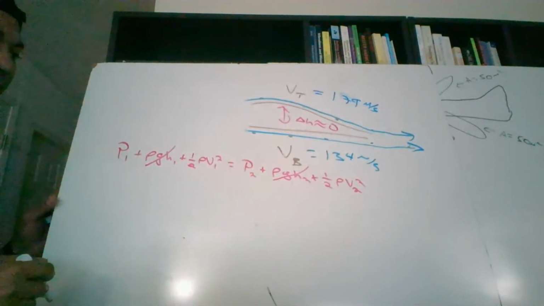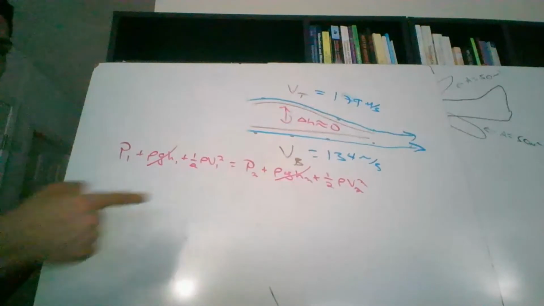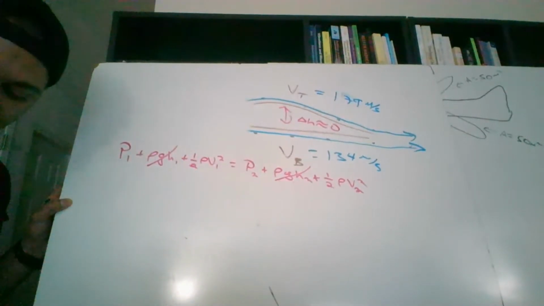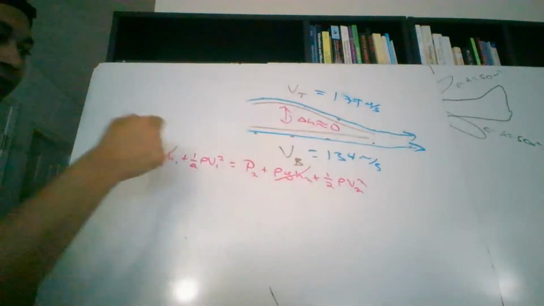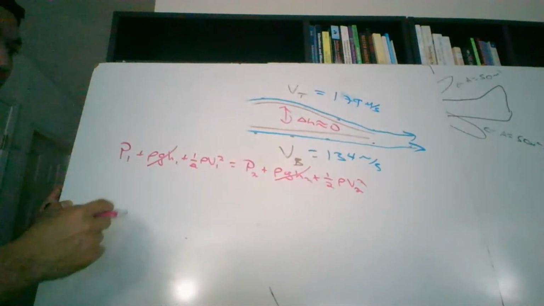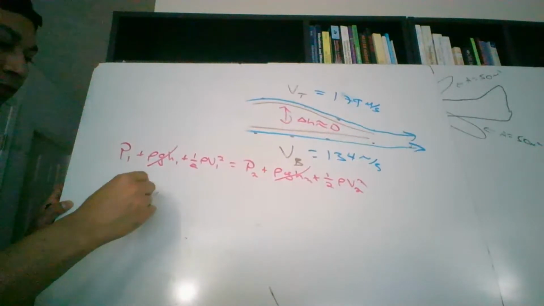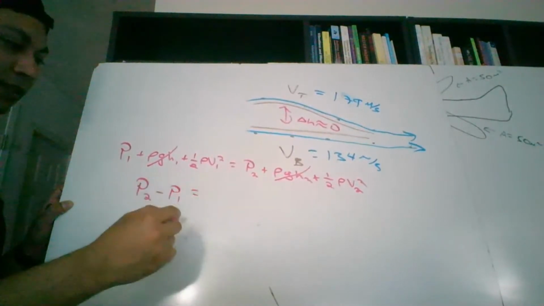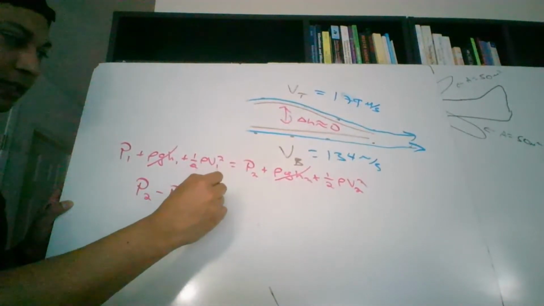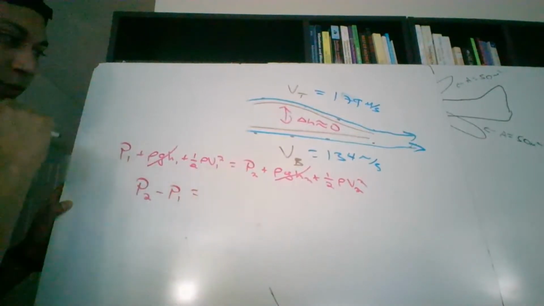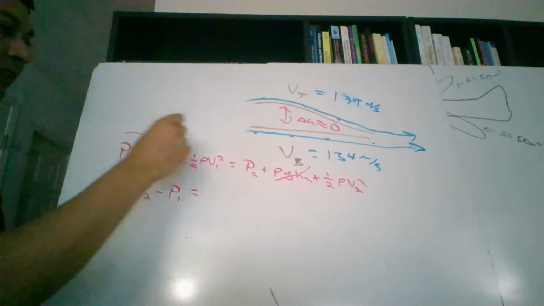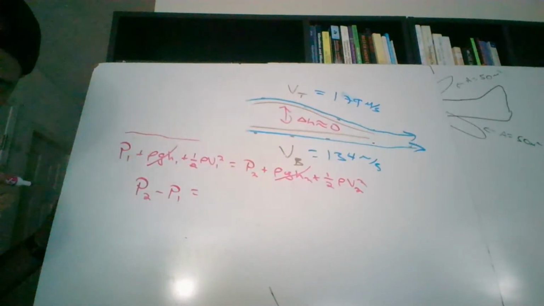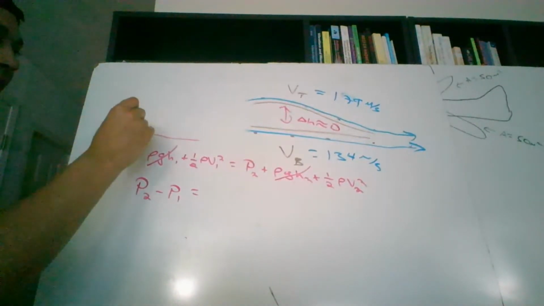And what we're left with here is we're going to solve for the pressure differential. So we're going to bring P1 to the other side. We're going to bring this term to that side. And we get that P2 minus P1 is going to equal, what are we going to call P1 and P2? We're going to call this the bottom.